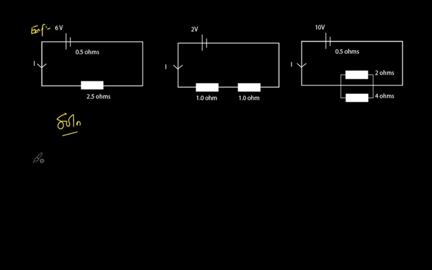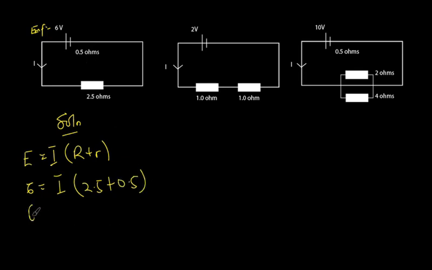We know EMF is equal to current times R, which is the total resistance, plus the small r. Now the EMF in this example is 6 volts, so we write 6 is equal to I, since we don't know the current, that is what we are looking for, times the resistance offered by this resistor, which is 2.5 ohms, plus the internal resistance of the cell, which is 0.5 ohms.